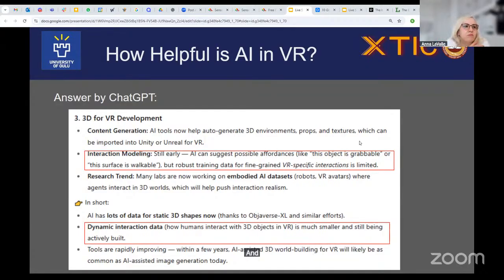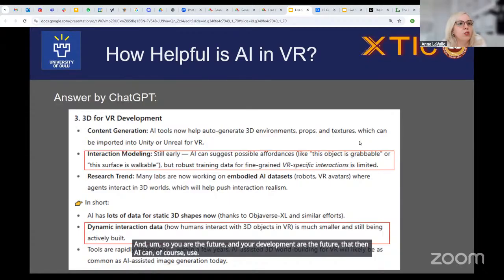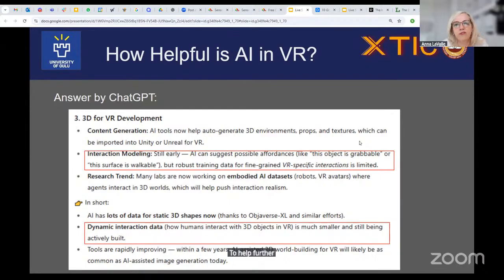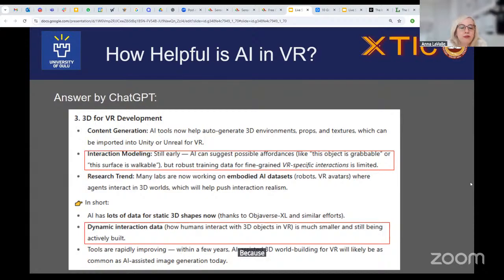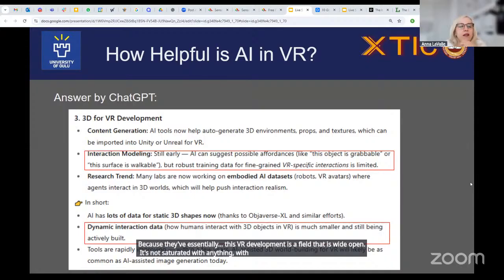You are the future, and your developments are the future that AI can then, of course, use to help further develop these things. But without your work, AI cannot do anything because there is no data. This is the right moment, because VR development is a field that is wide open. It's not saturated, with no data there yet.